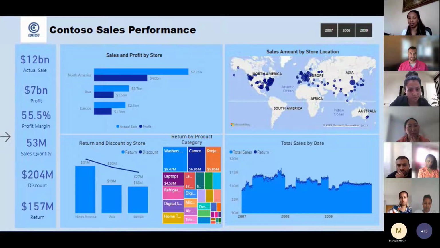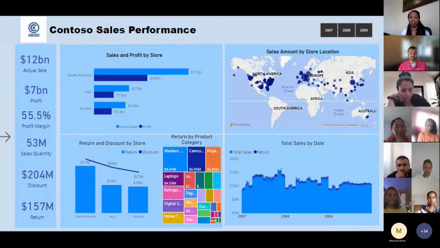On the left, you can see the general KPIs. He can also see the sales and the profit by different continents and also the stores, the location of the stores, and the volume of sales, as the bubbles show the volume of sales for those stores.